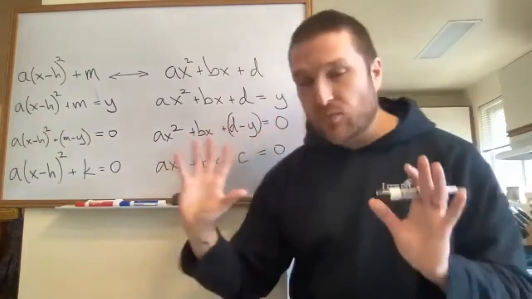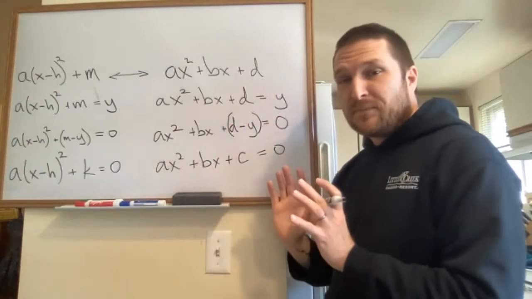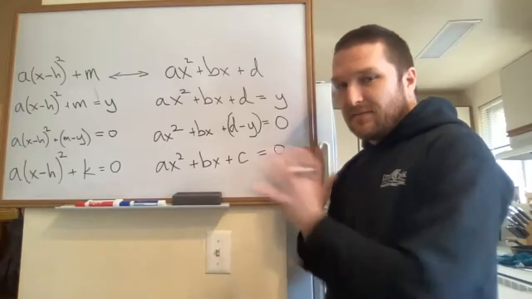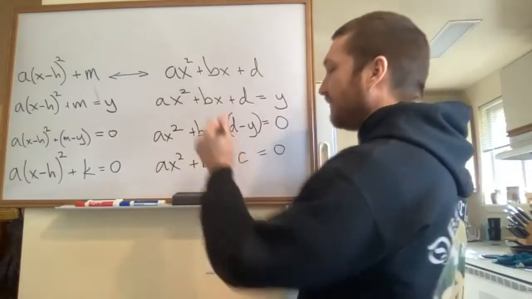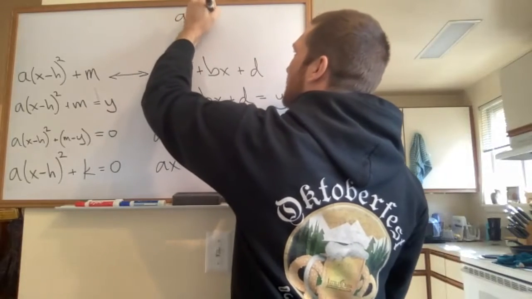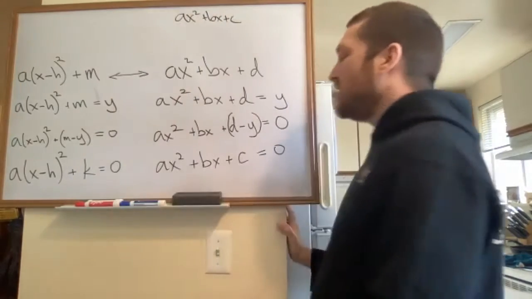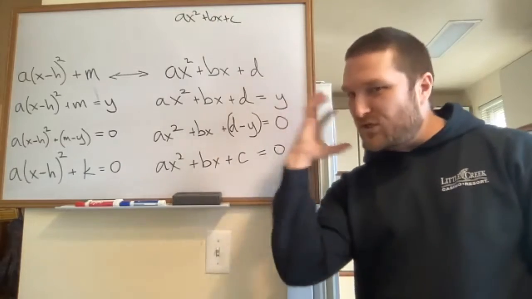So what I want to do right now, we're going to put something on the top of the board. And it's basically this conversation boiled down into one image. And it's this: given ax squared plus bx plus c. Notice I am not writing an equation because we want to think more generally.